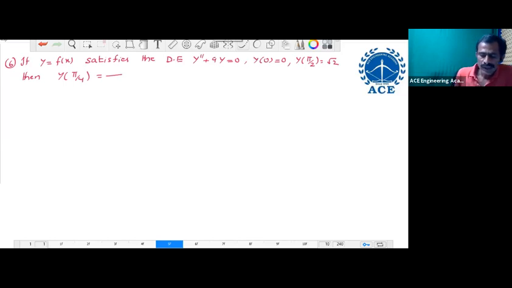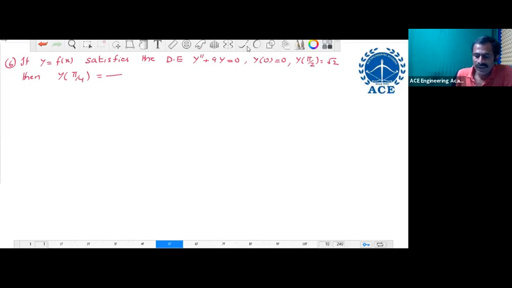This problem is given along with the conditions. You are correct. If you observe the first 5 problems, just a differential equation was given. But here, a differential equation is given along with the condition.